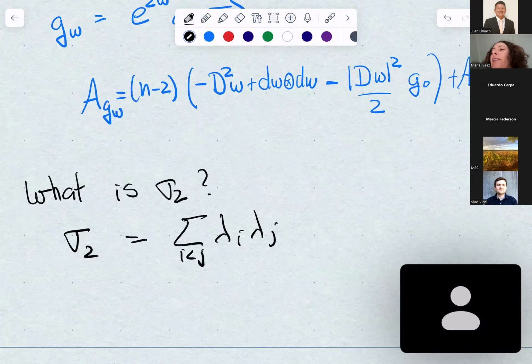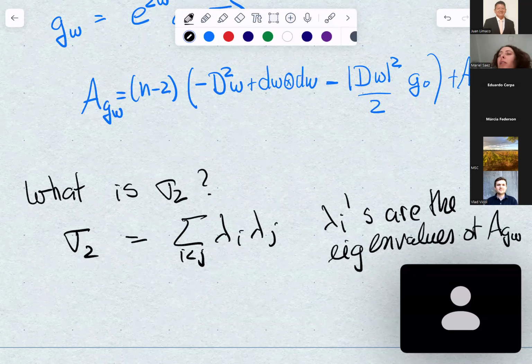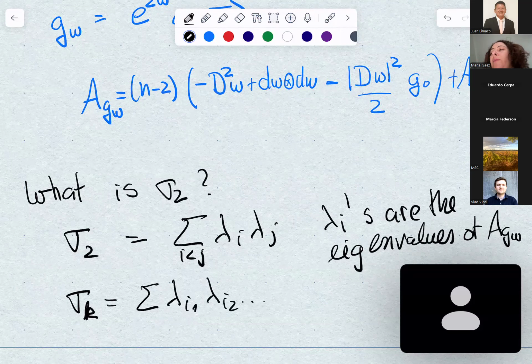Here the lambdas are the eigenvalues of A_g. In general, this is an n by n matrix, so you have n eigenvalues, and you have things that look like this. Okay, so in general, sigma k is going to be that.